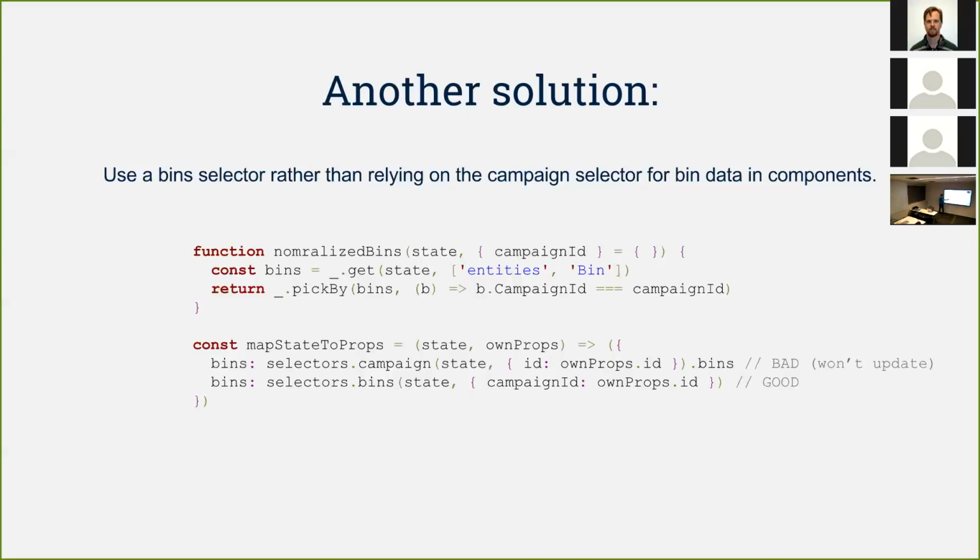But if you use this line, which uses a different selector, a bin selector, then it will update. So the bin selector works by just filtering all of the bins that the application knows about and checking their campaign ID rather than going the other way where you look at that campaign and look at all the bin IDs.